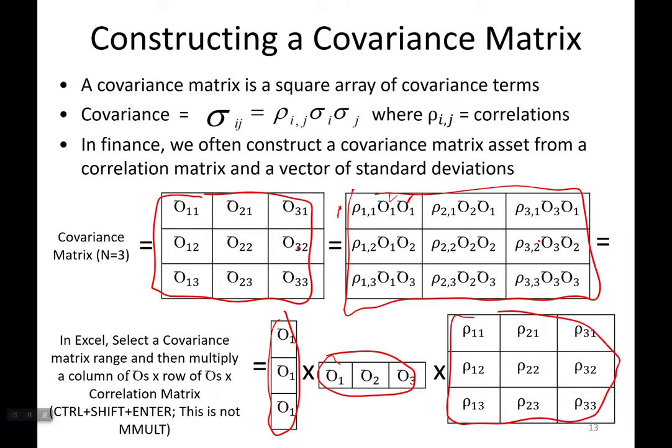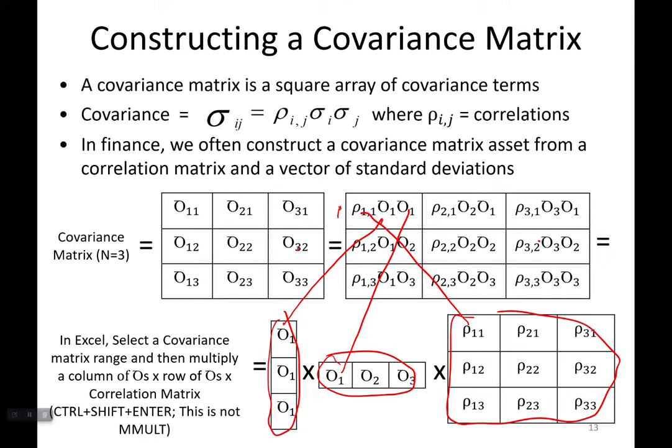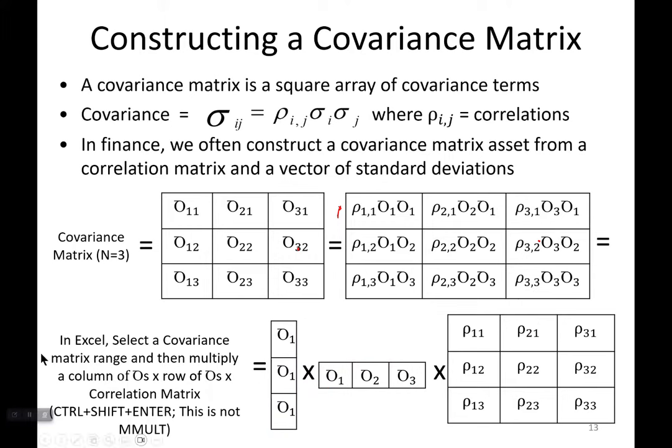So notice how I have 3 terms in here, because this number here is going to be a product of 3 numbers. And this number here, again, is going to be a product of 3 numbers. So here's how we're going to do it in Excel. This is a little complicated or confusing, but you're going to love it after a while. It's going to save you a lot of time.